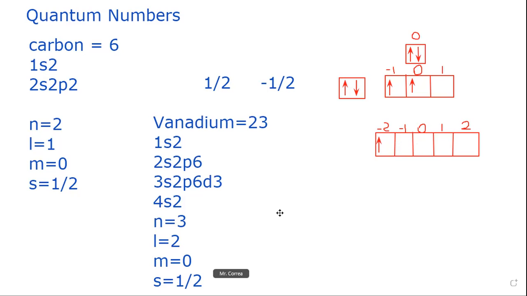It's -2, but for s it's a positive 1/2 because even though it's in a negative box, it's a pointing up arrow. So the spin is totally independent of this number up here. So these are the 4 quantum numbers for vanadium, all right? And this is how you find it.